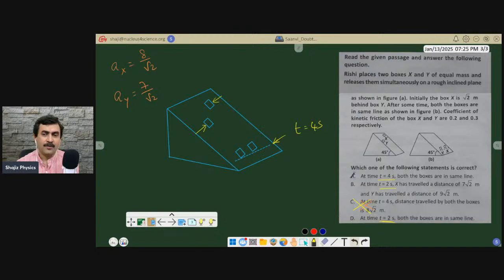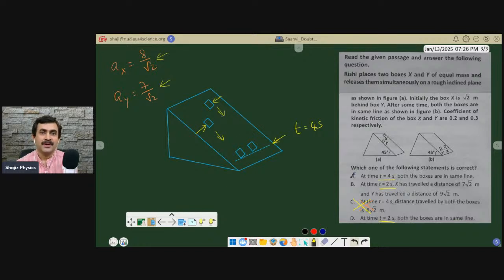In this particular situation, this is an accelerated motion. Both x and y are moving down with some acceleration, and those accelerations are given by these values, 8 by root 2 and 7 by root 2.